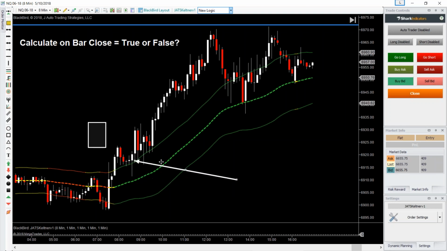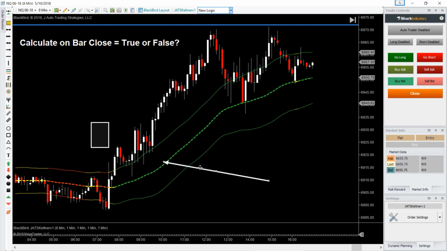On COBC false, we can use the low of the bar versus these prior bar opens to launch trades, and we can get a lot more out of that risk and reward and be arming for those next trades, depending upon how many trades you allow yourself to take.